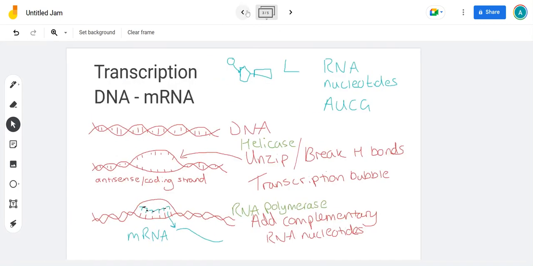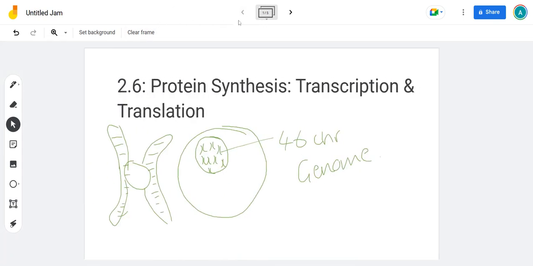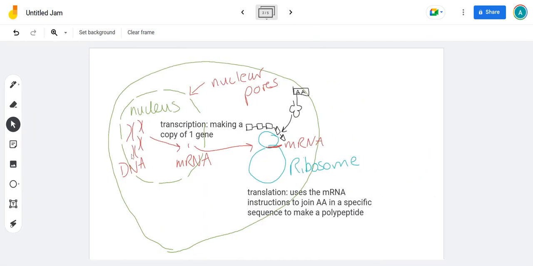So going back, just to summarise, we always start off in the nucleus, but we don't want to make the proteins of all the chromosomes at once, all the genes at once. We're just making an mRNA of one single gene.